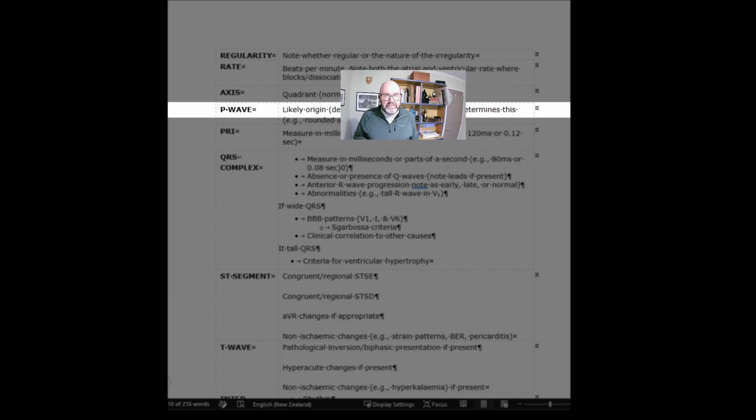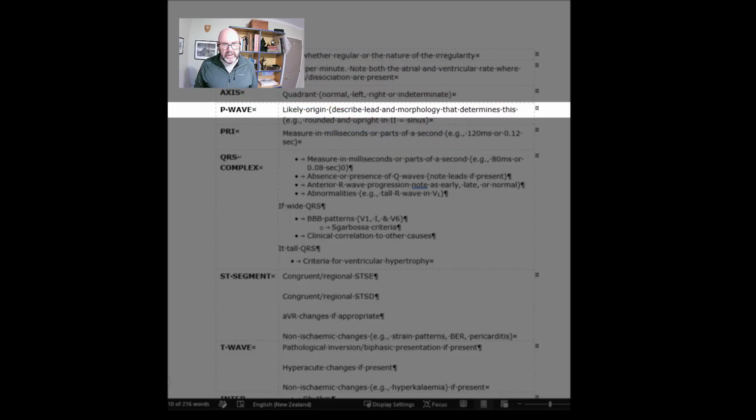The fourth element in the template is a description of the P wave. The morphology of the P wave gives clues to two aspects. The first is the genesis of whatever atrial activity is being shown on the ECG, and for the most part, an upright and rounded P wave in lead 2 signifies atrial activity that's been triggered by the SA node.